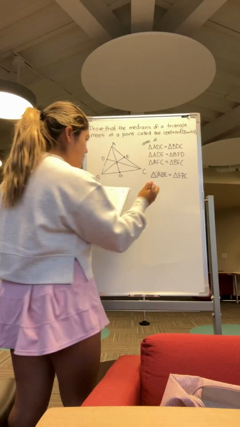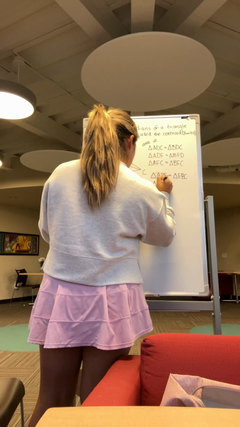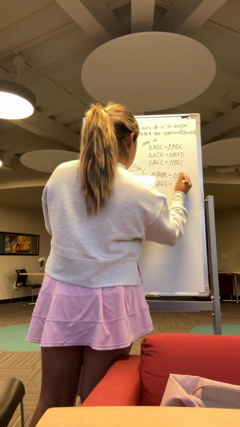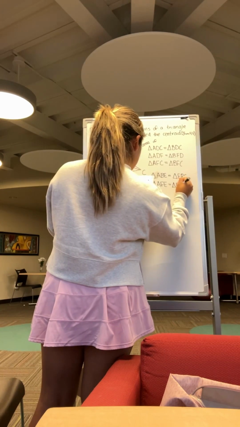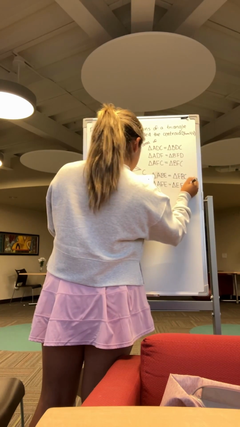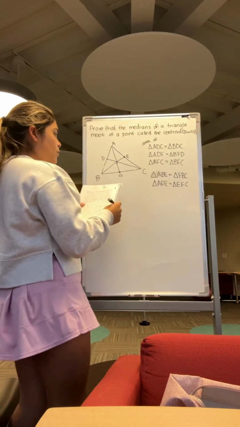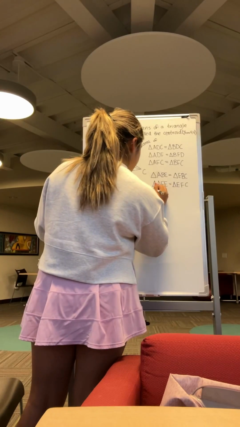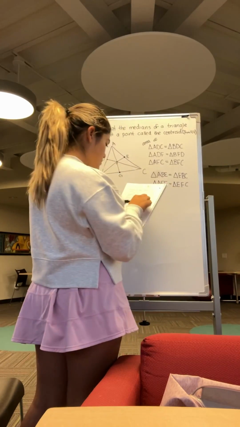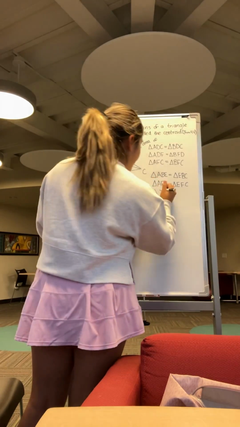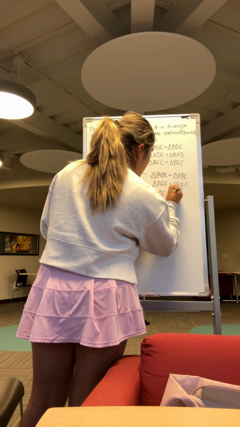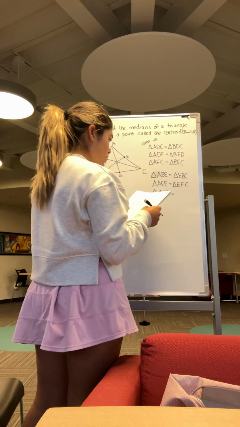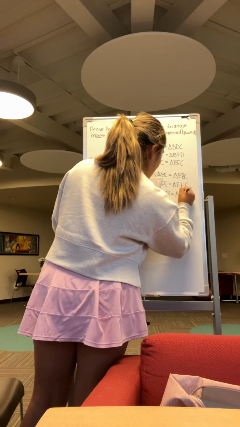Also, the area of triangle AFE is the same as the area of triangle EFC. We also say that the area of triangle AFB is the same as the area of triangle AFC.